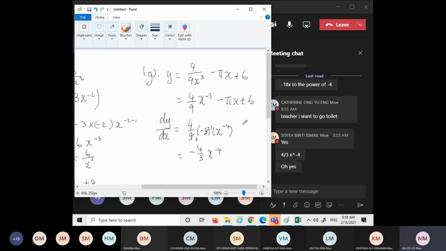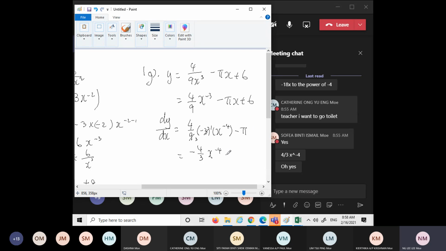If this is -pi x, then -pi. That's all. No need to substitute 3.141, unless the final answer comes out with a value. Maybe afterwards they ask you to substitute x at a certain point, then only you replace the pi with 3.142. If not, just leave it. And the last part, for the 6 you get 0.